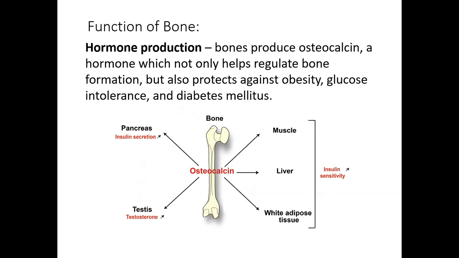Bone produces osteocalcin, which is a hormone that helps regulate bone formation. It protects against obesity, glucose intolerance, and diabetes. The process, hematopoiesis, is a process by which immature precursor cells develop and mature into mature cells.